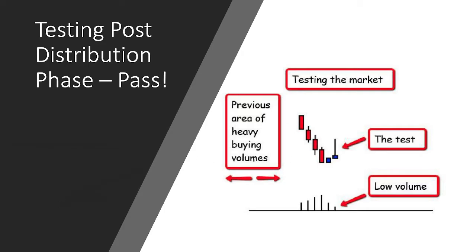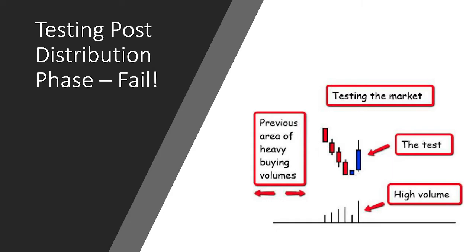Now, if people are still eager to buy this thing because the news wasn't bad enough, or people are still really anxious to buy it, then they'll see buyers eat it up on high volume. So it'll be a high volume bullish candle trying to come out of that previous consolidation phase, and they say, okay, there's still buyers in the market, let's let them push it up. And you can actually see this on the charts.